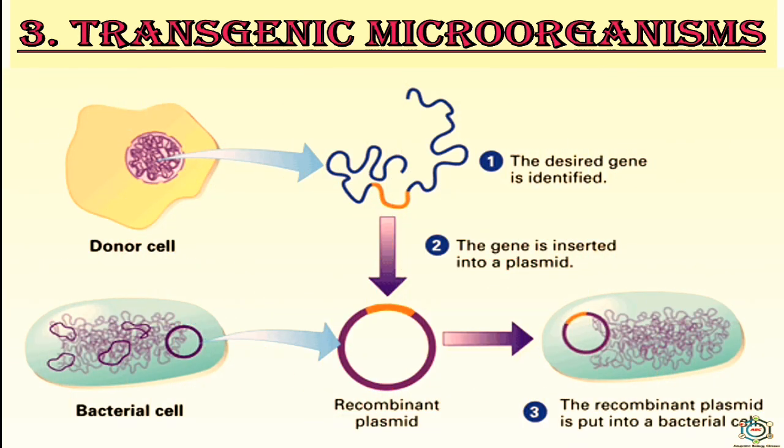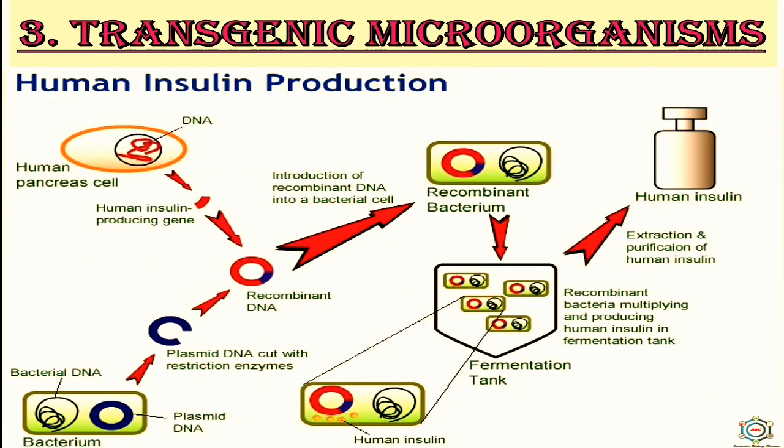Here you can see transgenic bacteria and yeast, and the process: the desired gene is identified from the donor cell, then the gene is inserted into a plasmid, that means in the bacterial cell, then formation of recombinant plasmid, and then the recombinant plasmid is put into a bacterial cell.